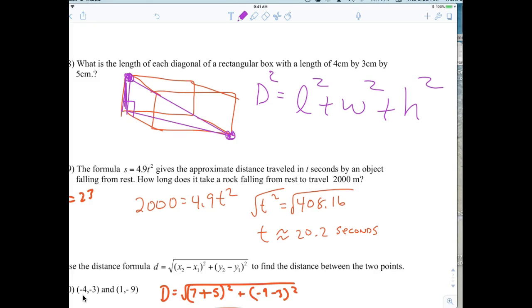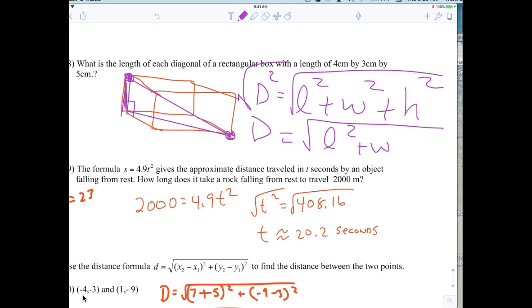Because there's the length, the width, and the height. It looks like c squared equals a squared plus b squared, but in this case it's a squared plus b squared plus c squared equals d squared. If I take the square root of both sides, the diagonal is always the square root of L squared plus W squared plus H squared.